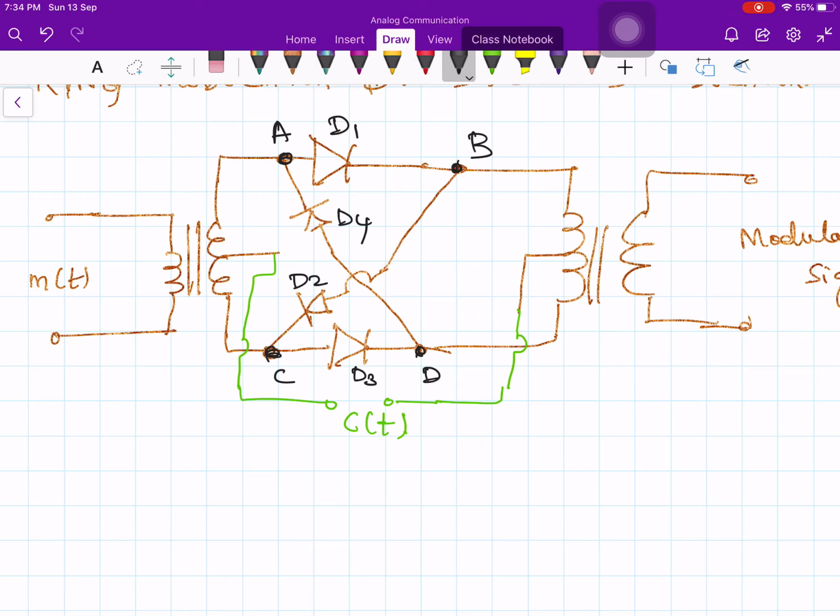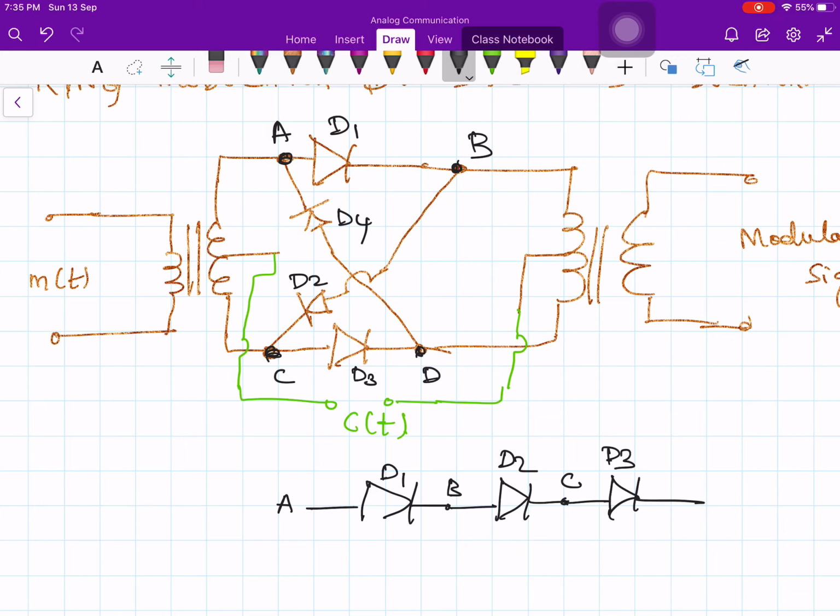It is also called a ring modulator. The reason is that these diodes face in the same direction. As we trace the diodes, they all point in the same direction. For example, you start from A, then you have the diode D1, you reach the point B, then B to C, again it faces the same direction, D2. Then C to D, again the same direction, D3.